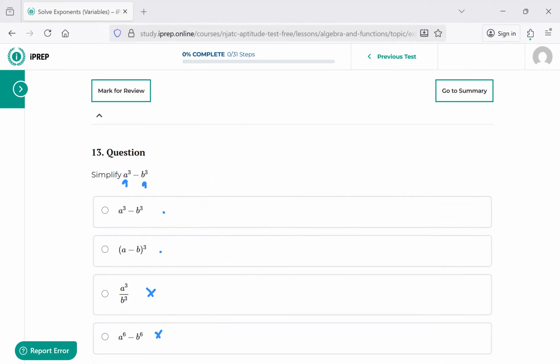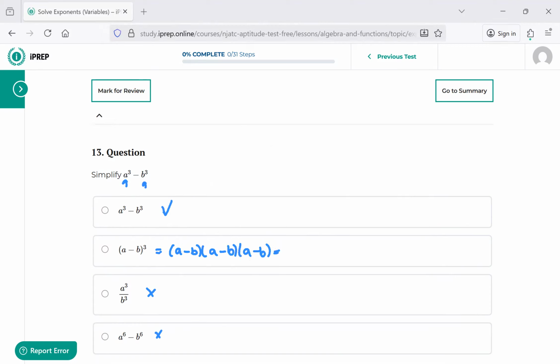What do you think? I think it might be the first one. I don't think it's the second one because a minus b cubed is not the same thing as raising a to the 3 and b to the cube. It's the same thing as a minus b times a minus b times a minus b.